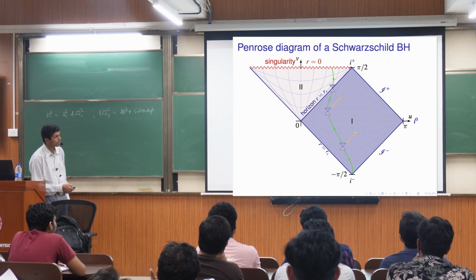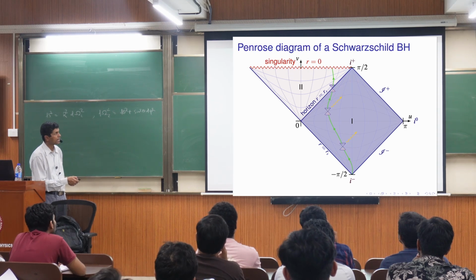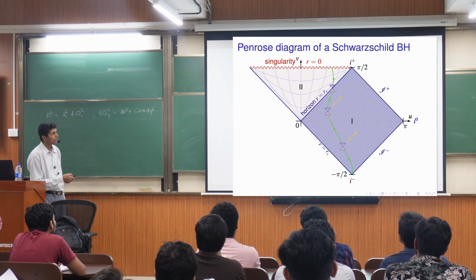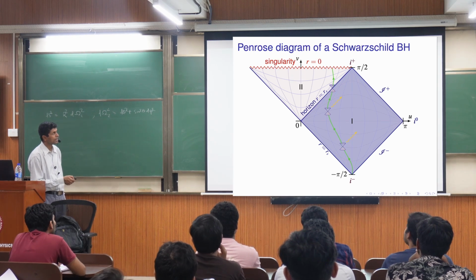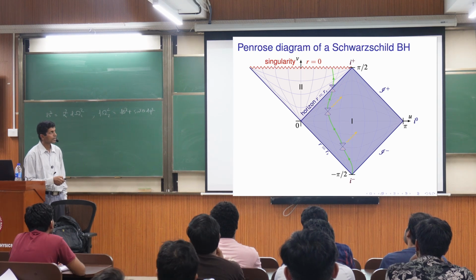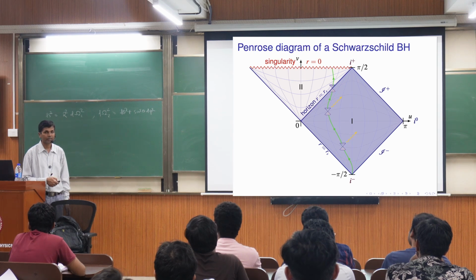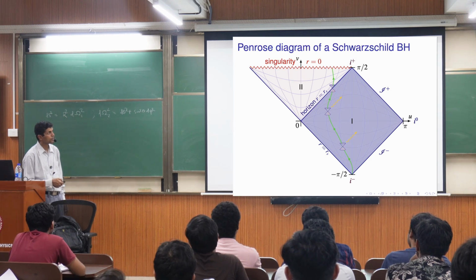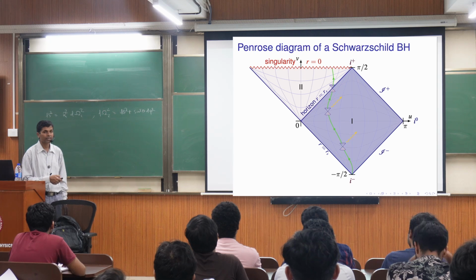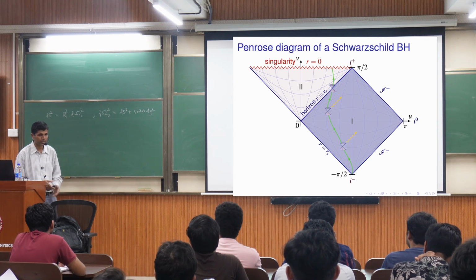On the other hand, surfaces like this are space-like surfaces. So these are all space-like surfaces, whereas these are time-like surfaces. And you can see the singularity, r equal to 0, is actually not a point, but it's a surface, and it's a space-like surface. This r actually becomes like a time coordinate inside the horizon, and the singularity r equal to 0 is actually a space-like surface, okay?